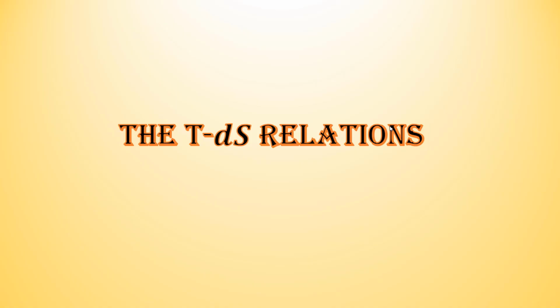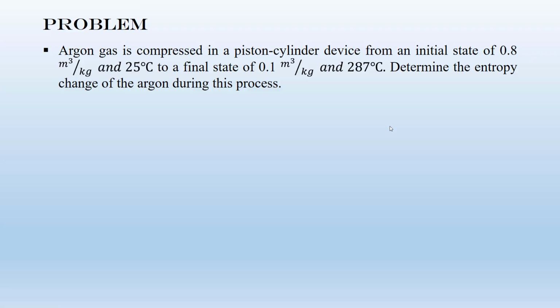The TS relation. This is the last part of my lecture today. Okay, question, guys. You have argon in a piston cylinder device, and you have the specific volume and temperature for the initial state, and also for the final state.